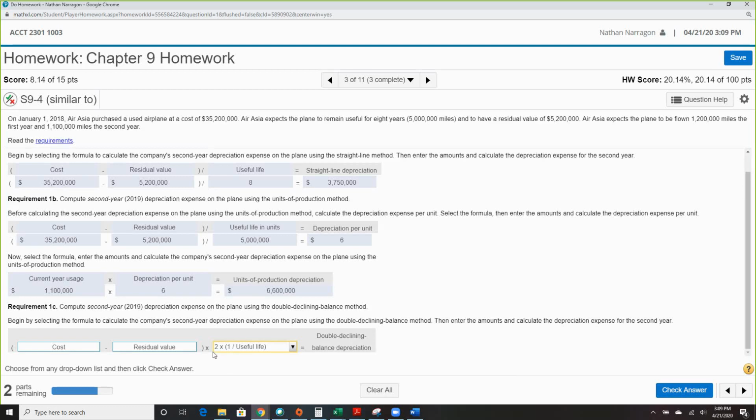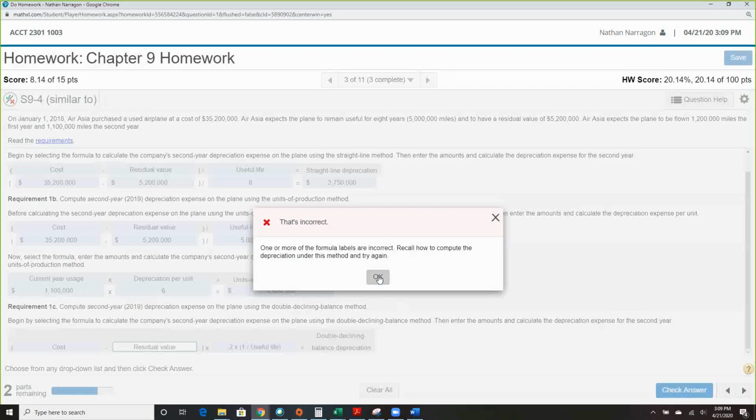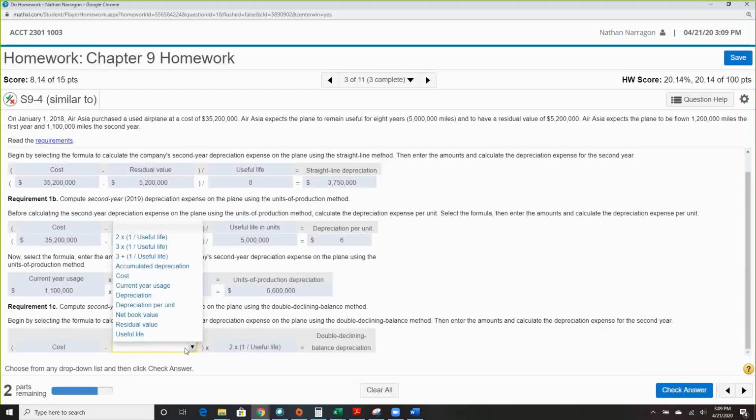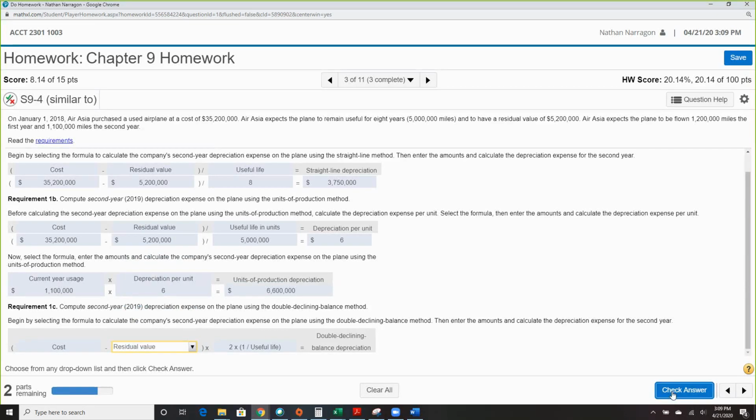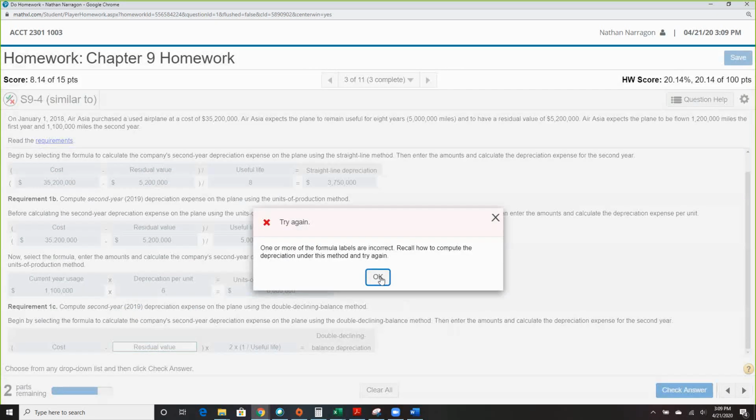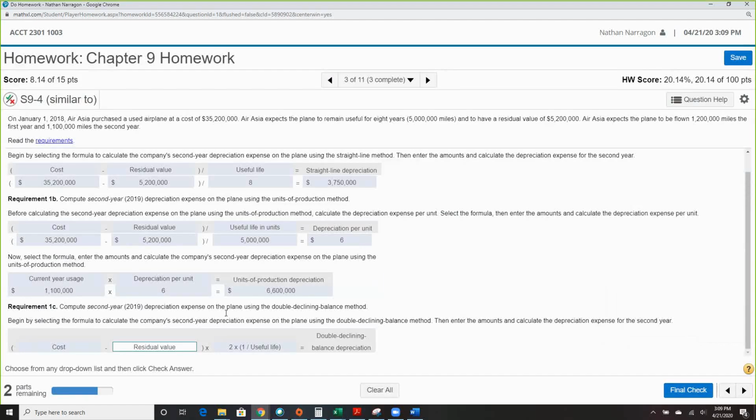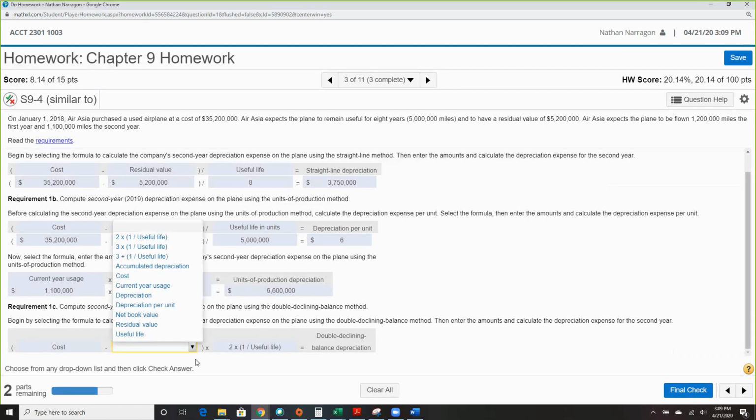Single rate. It's kind of interesting how they put this in here, since it's double declining. But that should have been useful. Present residual life. What happened there?